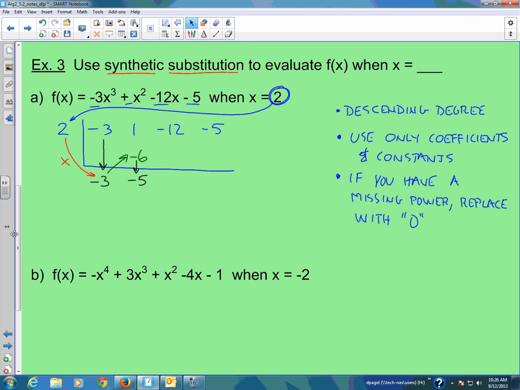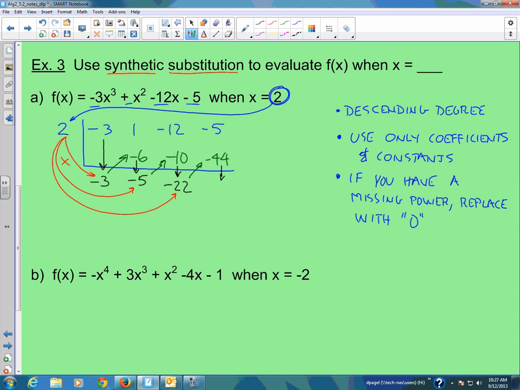And then I repeat that process of multiplying and adding. So again, multiply. 2 times negative 22, negative 44 goes here.